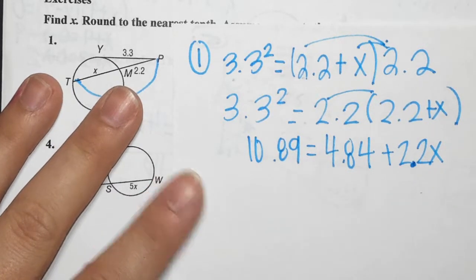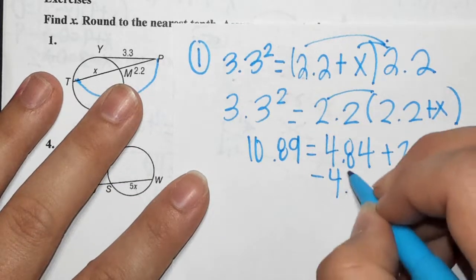So now it's just solving equations. Subtract 4.84 from both sides.